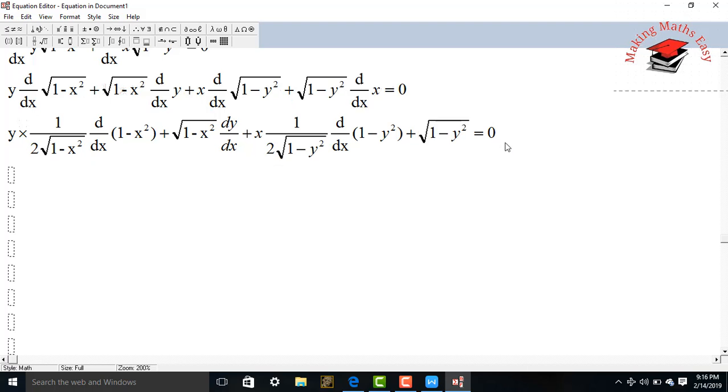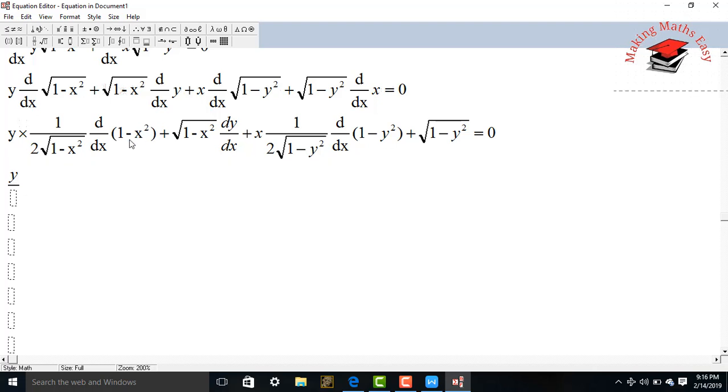Now we will further differentiate in the loop differentiation. For loop differentiation, we first write y into the derivative of the function. First we will differentiate this function and write it over here because it will be lengthy. In order to save space, we write the derivative of this function.